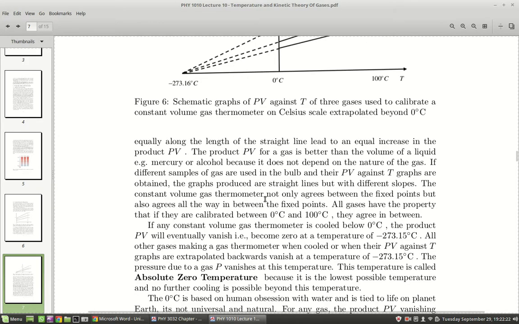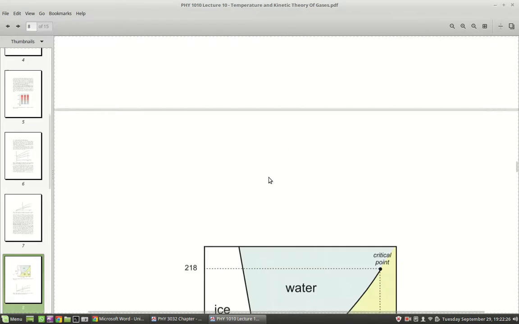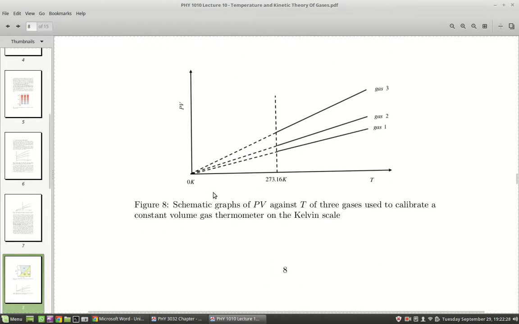And that is how you form this temperature scale, which is known as the Kelvin scale. In a nutshell, we end up with something like this. Where the lines meet becomes 0 Kelvin, and what was your triple point of water, your 0.01 degrees, becomes your 273.16 or 15 kelvins mark, like that.